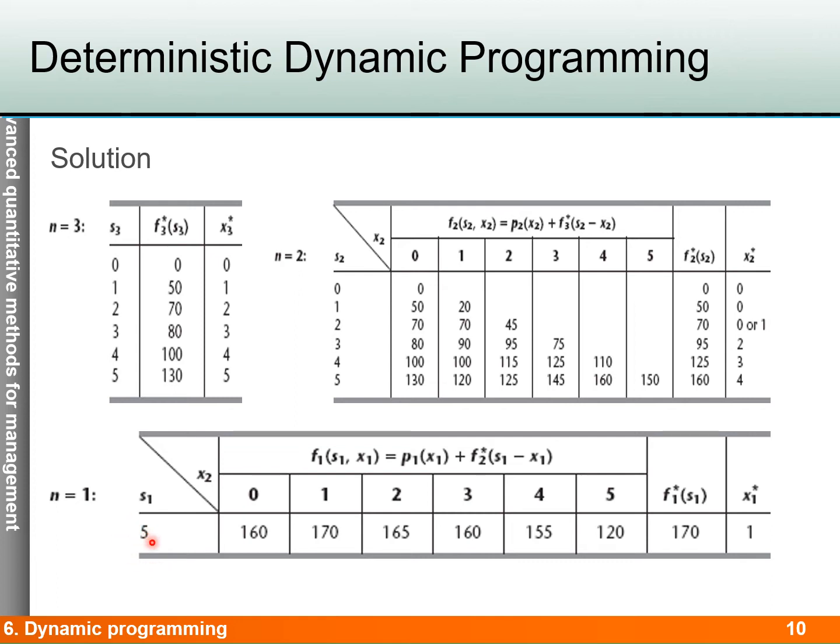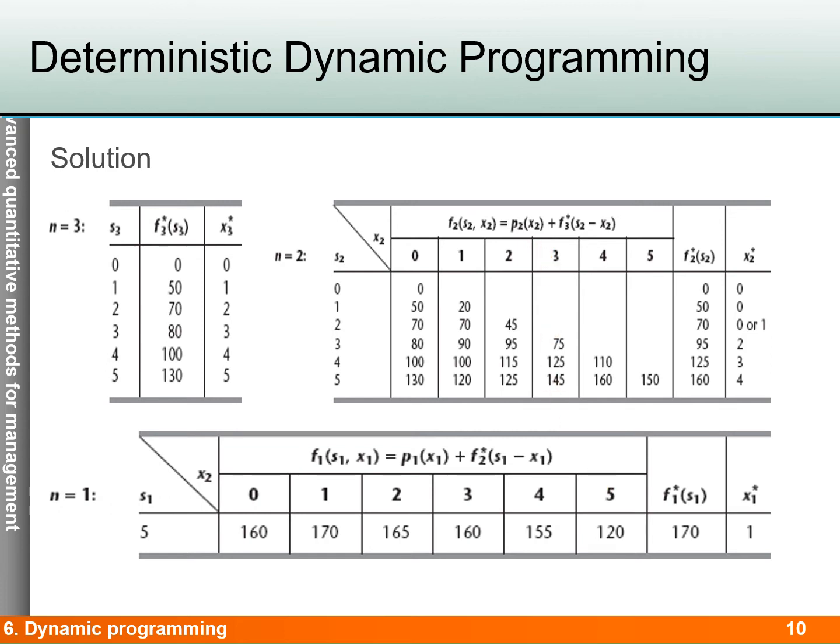For example here, if I allocate 3 to this country, it remains 2 for the next one. So 3 to the first country is 90. 2 for the second is 70. So 70 plus 90 is 160. All these elements of P and x_n come from table 11.1.